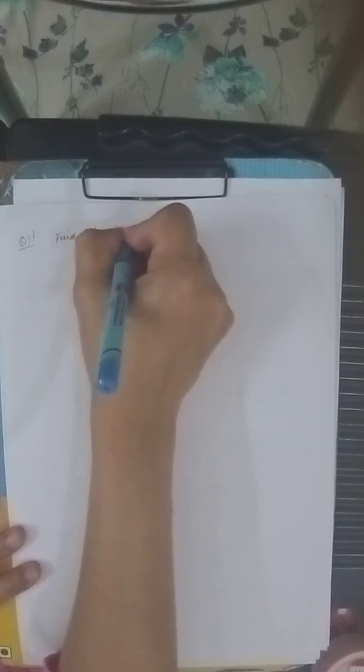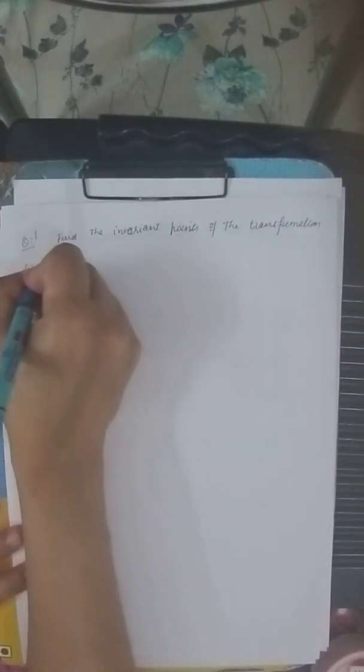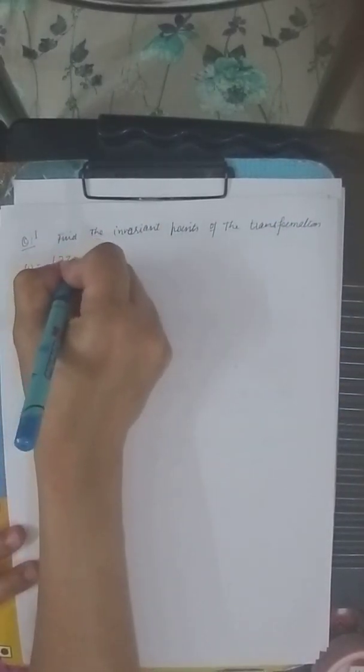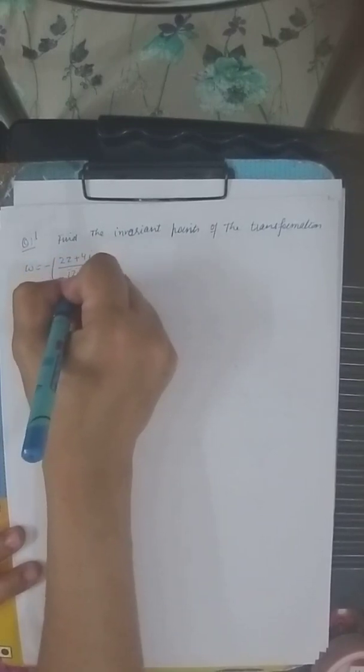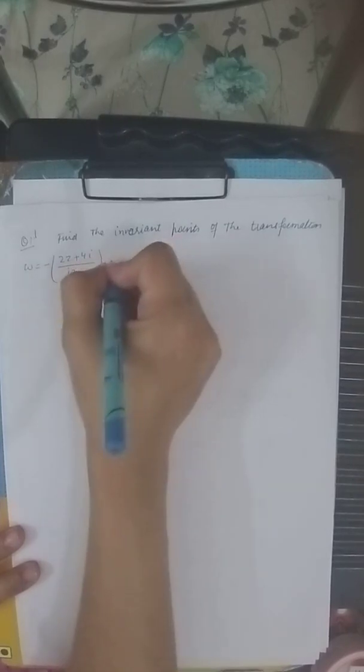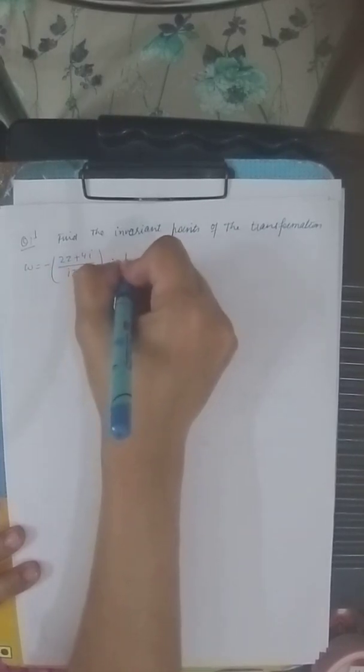Find the invariant points of the transformation w equal to minus 2z plus 4 iota divided by iota z plus 1.